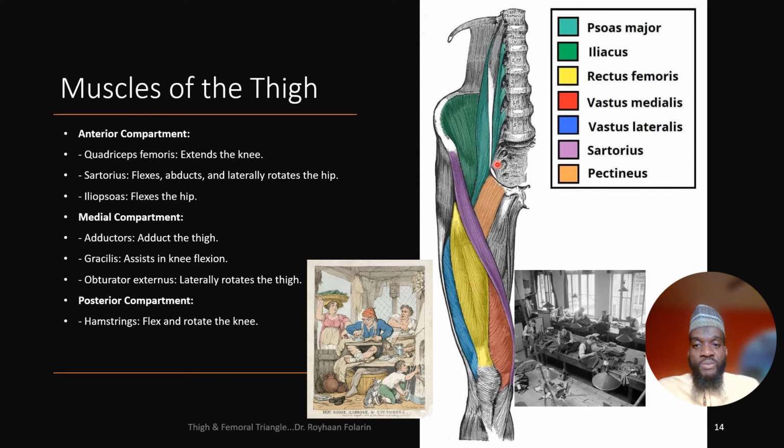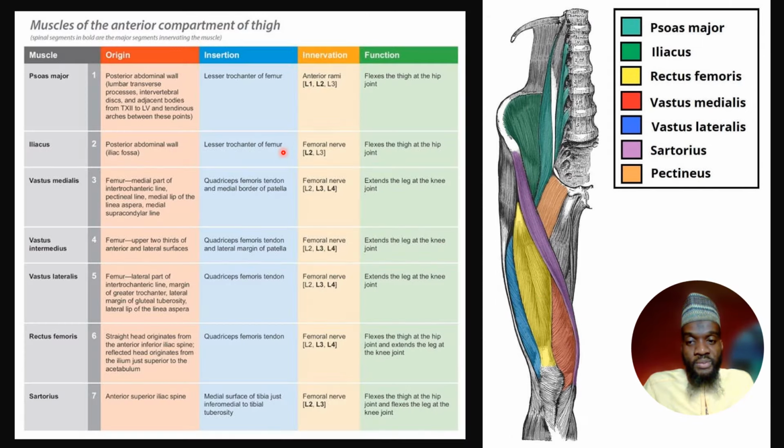The pectineus muscle is what you have here. So this is a picture showing the muscles of the anterior compartment of the thigh. Considered together, the four quadriceps muscles are the largest muscle group in the anterior compartment, responsible for the extension of the knee. Let's now look at each of these muscles in the compartment with further detail.